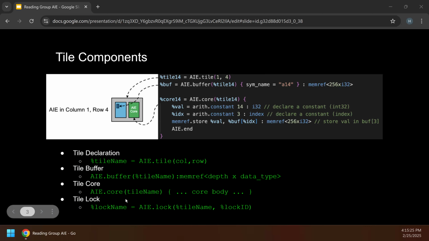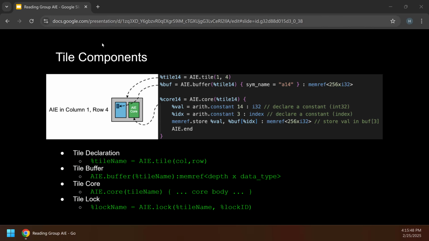I mean, this might not be very large physically, but it's very important to facilitate efficient and correct data communications. So that is basically the AI engine tile components represented by the AI engine dialects.